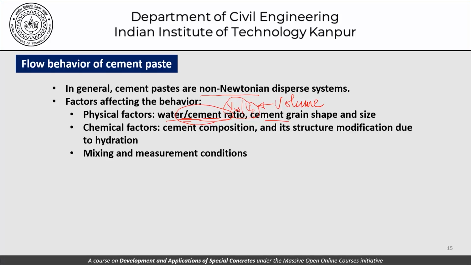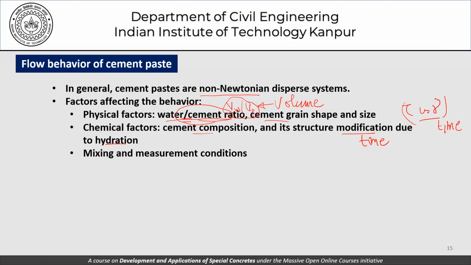Chemical factors would include things like the chemical composition of cement and its structural modification due to hydration. Now this part, when it comes to hydration, is an issue which has time dependence. That is, if we want to study the stress versus strain rate equations as a function of time, then we will have structural modifications due to hydration.